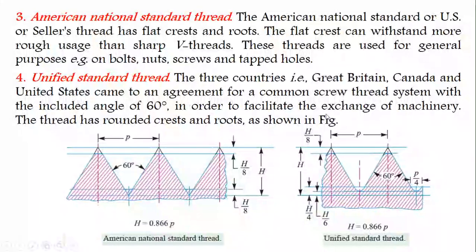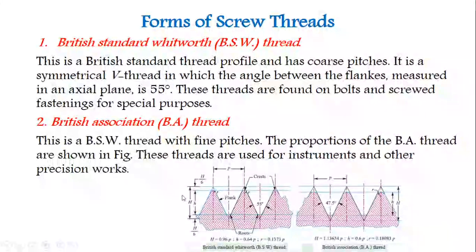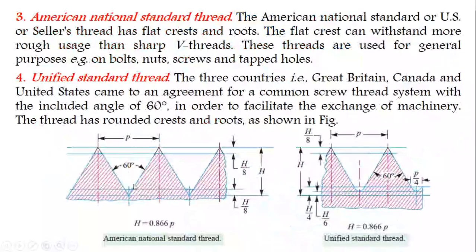The thread has a rounded crest and root, as shown in the figure. In the American National Standard, it has a flat crest, and previously the BSW and BA threads have a V thread.